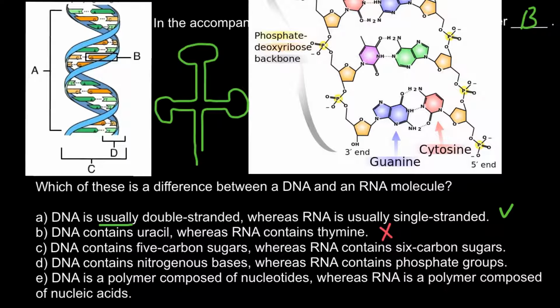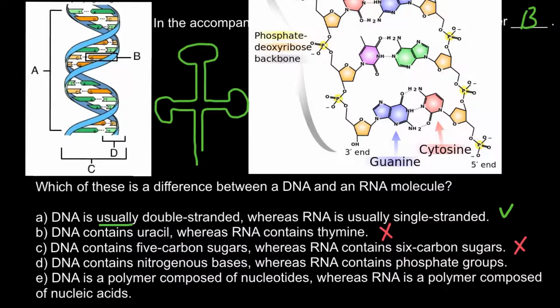And R in RNA stands for ribose, and in DNA on the second position of the carbon we don't have oxygen, and we call such sugar deoxyribose, and that's why we have D in DNA. D stands for deoxyribose. So now, as you see, the statement that DNA contains 5 carbon sugars, whereas RNA contains 6 carbon sugars, is not true.